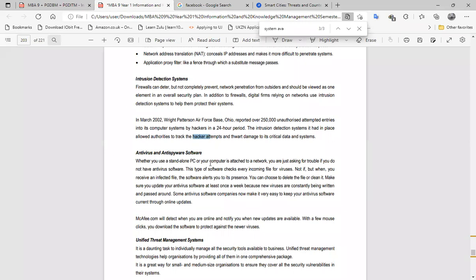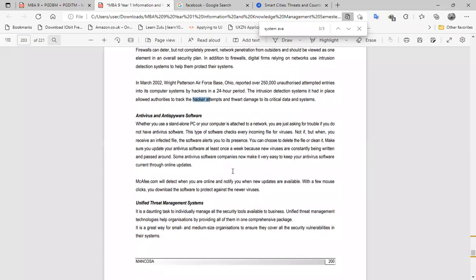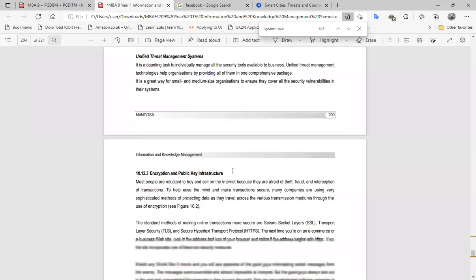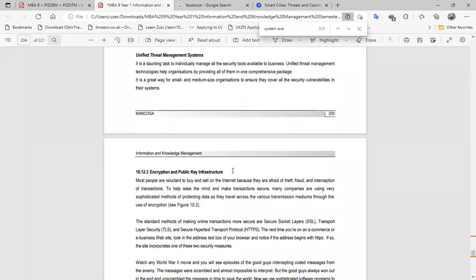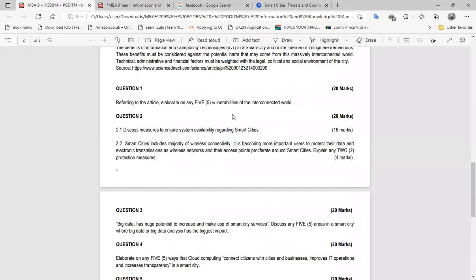All those antiviruses are used to protect your computers. So those are some of the things that will be needed to protect some of the information.